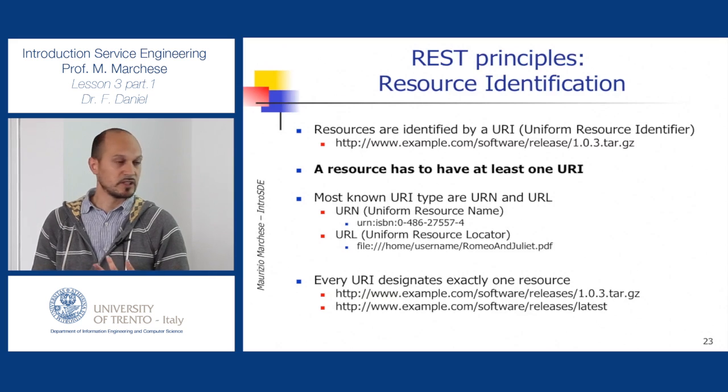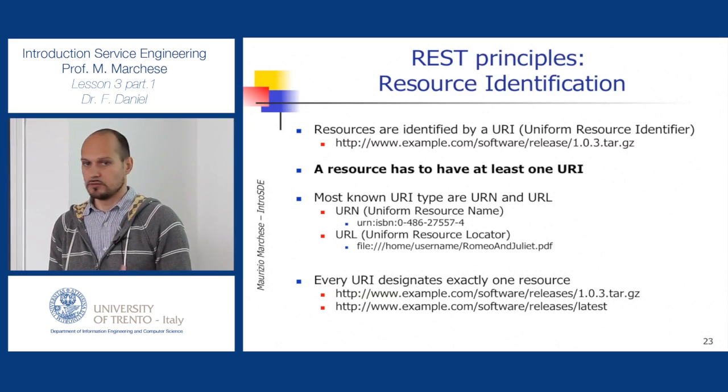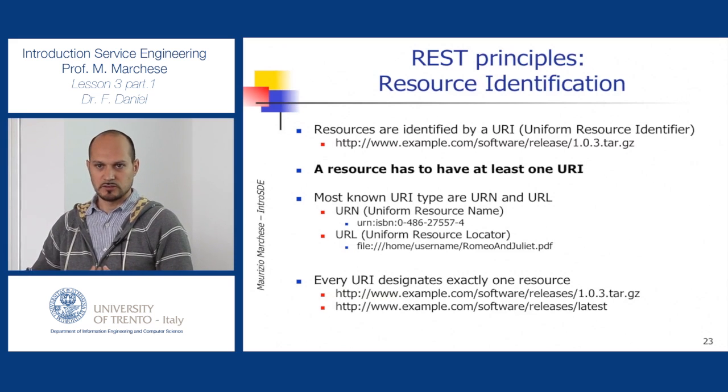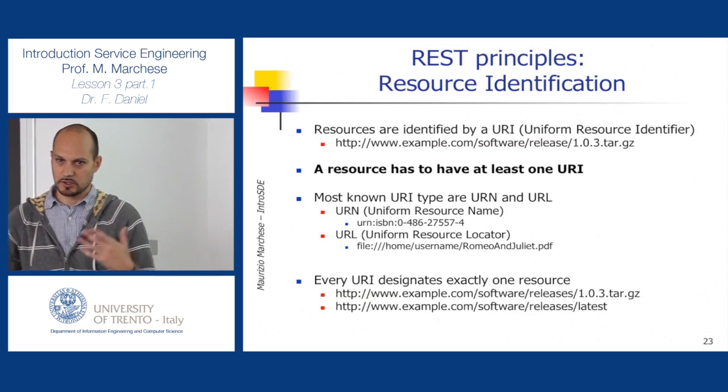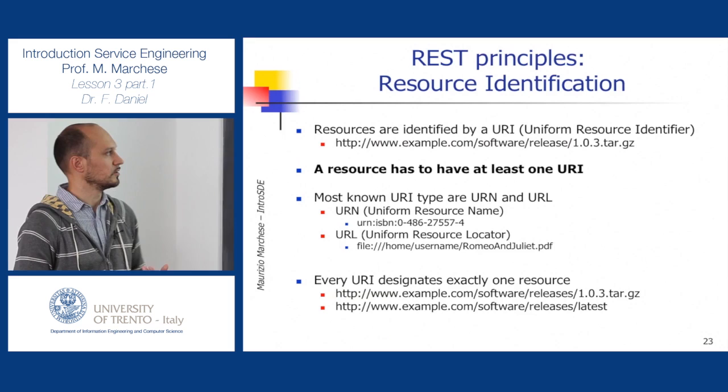The URLs are more famous, which are the uniform resource locators. So on the web, you use the URLs. You write a URL, and then there is a domain name server that translates the URL into an IP address, and then you can establish a direct connection with the server hosting your resource.